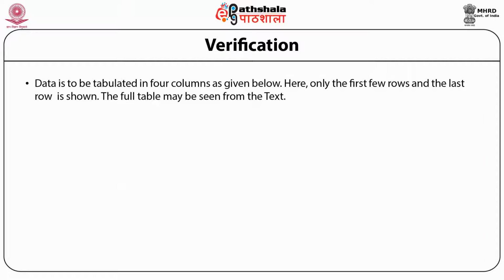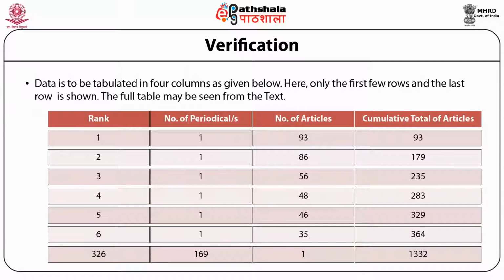This slide is a table which shows the productivity-wise distribution of periodicals. It has 4 columns. The first column is rank, the second column is number of periodicals, the third column is number of articles, and the fourth column is the cumulative total of articles.